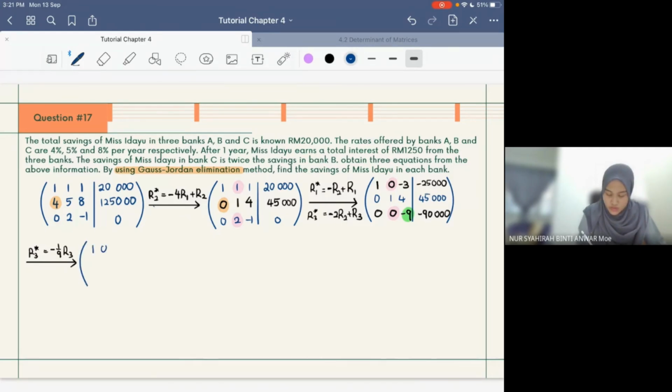So we have 1, 0, negative 3, and here is negative 25,000. And then 0, 1, 4, 45,000. And the third row will be 0, 0, 1. Negative 90 times negative 1 over 9 will be positive, so 10,000.